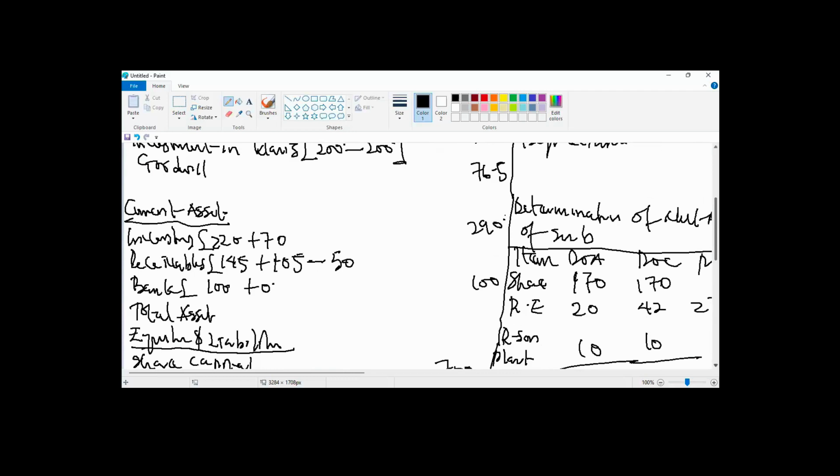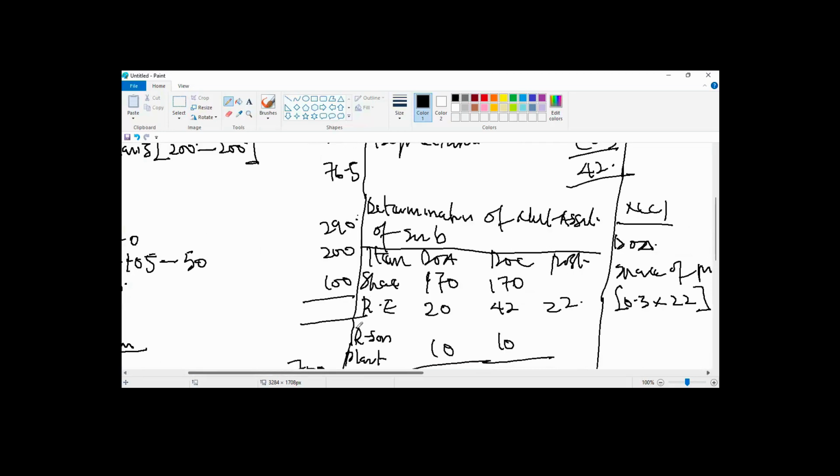Then 145 plus 105 minus 50, 200. What is the total assets? 1,313.5.